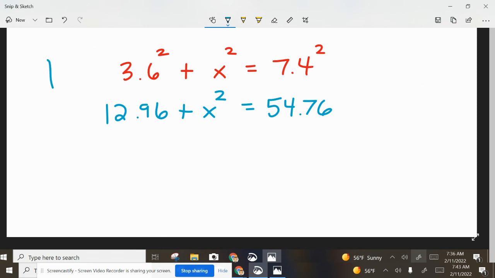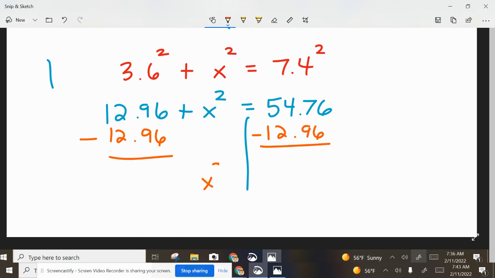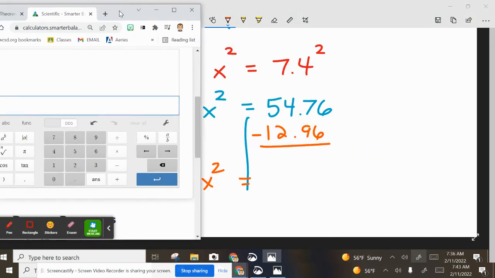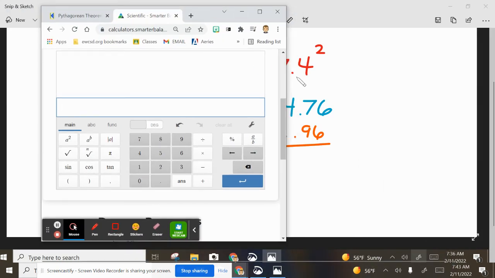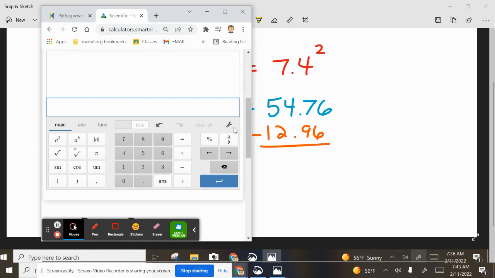Okay. Then you have to go ahead and move your constant to the right. And when I do that subtraction, what is it going to be? It's 54.76 minus 12.96.